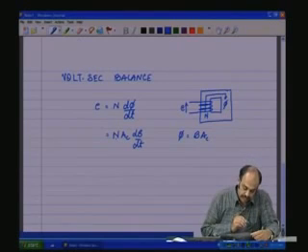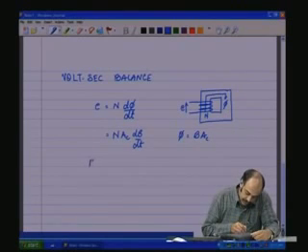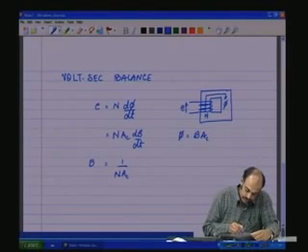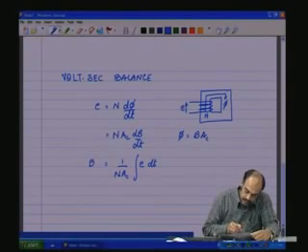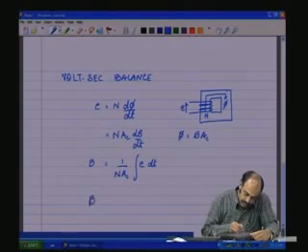So, E equals N AC dB by dt, and therefore, the flux density is given by 1 by N AC integral of E dt. Now, N and AC are constants, and therefore, B is proportional to integral of E dt.